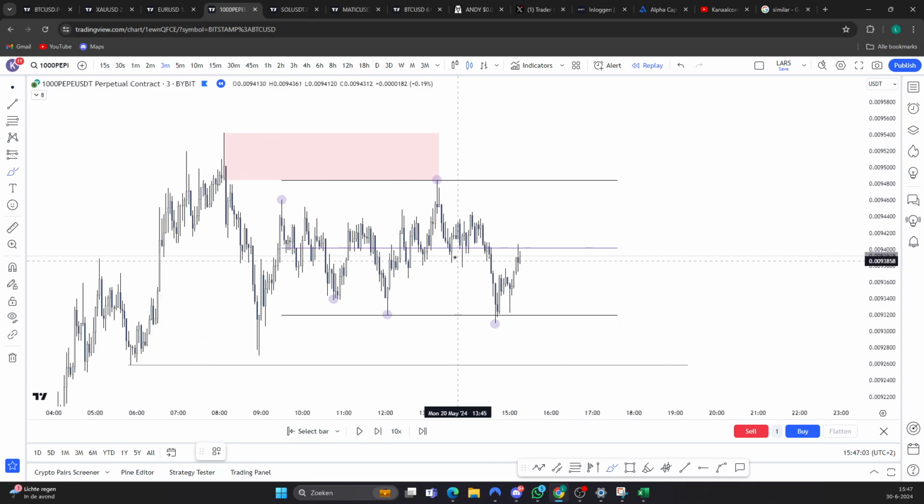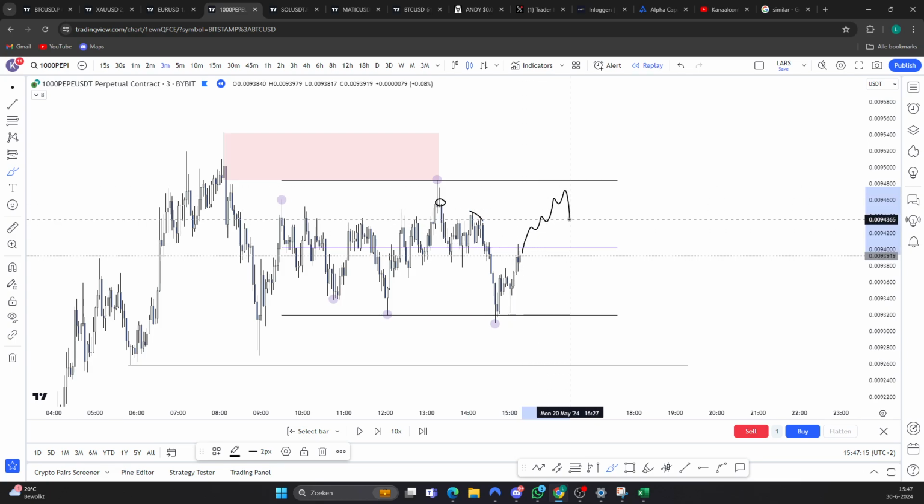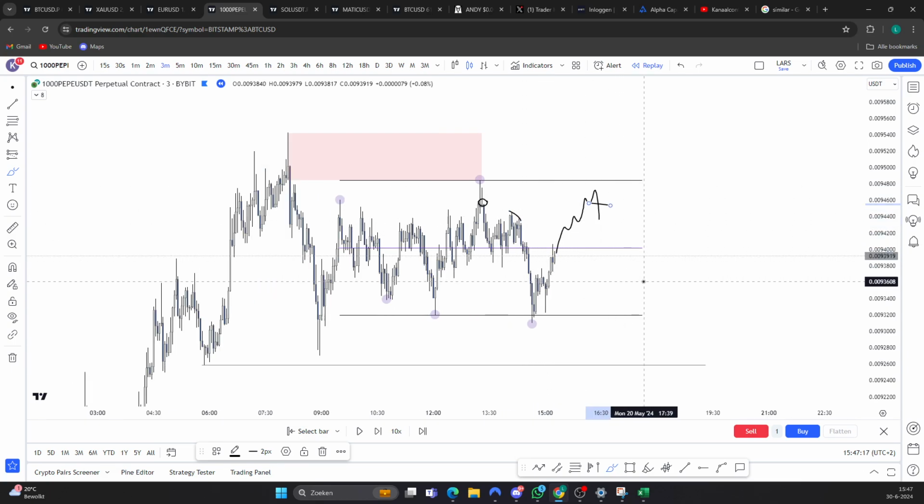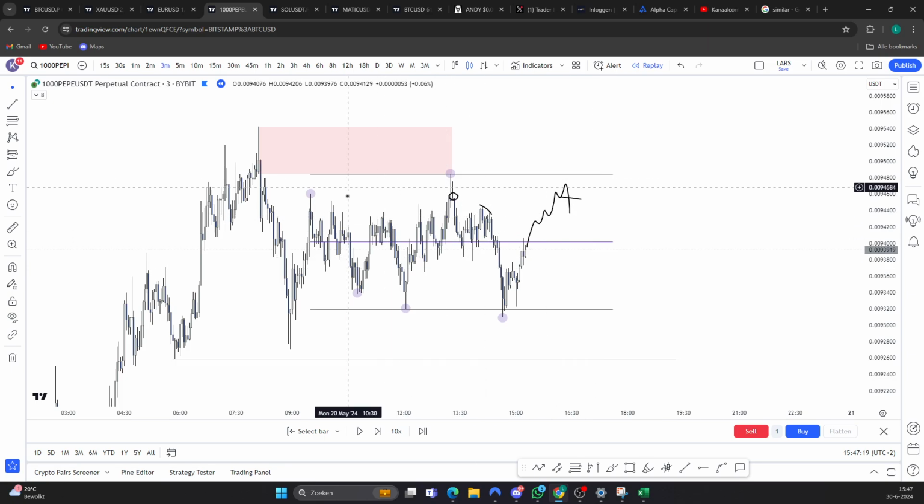What I'm thinking is the only way I see this Model 1 accumulation failing is if we hit this supply zone, taking out these highs like this, and then getting that break of structure, because then we could get a better Model 2 distribution.